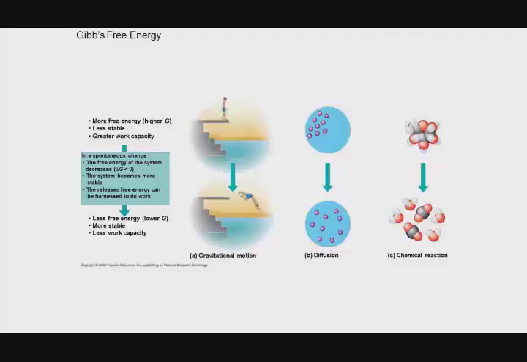Chemical reaction. Potential energy can be stored in a molecule that then, when you release it or catalyze its release, you can harvest that energy to do something else. All right? So all of these, their starting points would have a negative delta G. Right? So the free energy of the system decreases as you go through the process. That's what we're looking for.